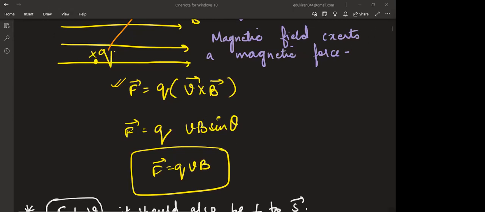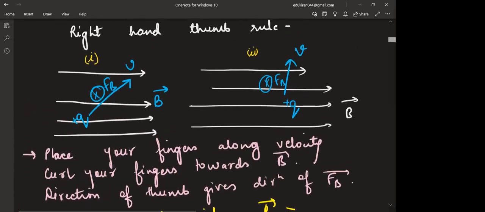After writing these three, write down the direction, this part.